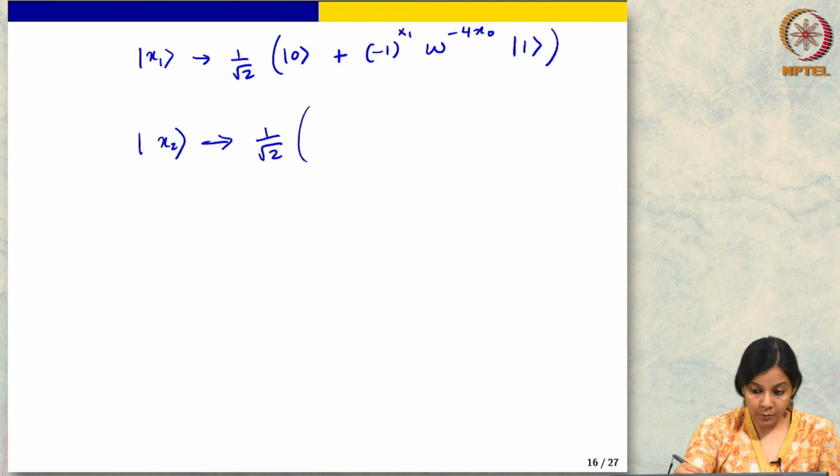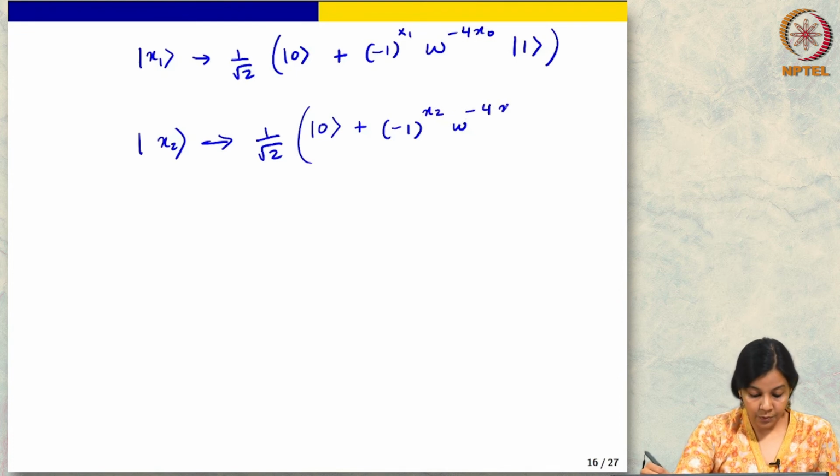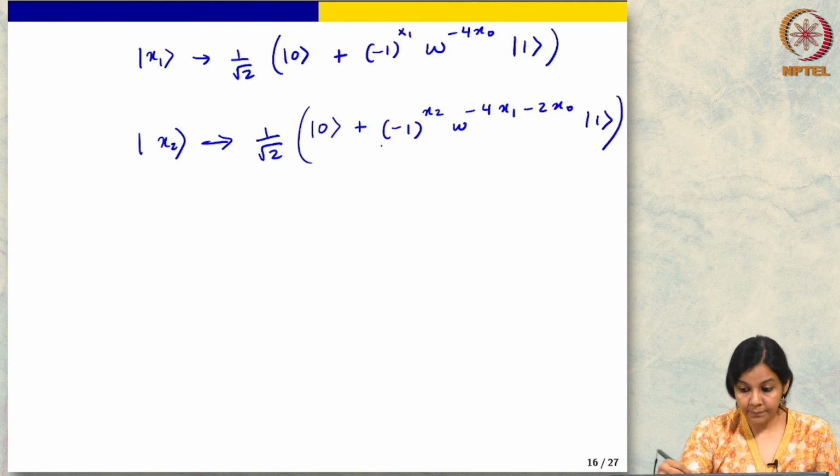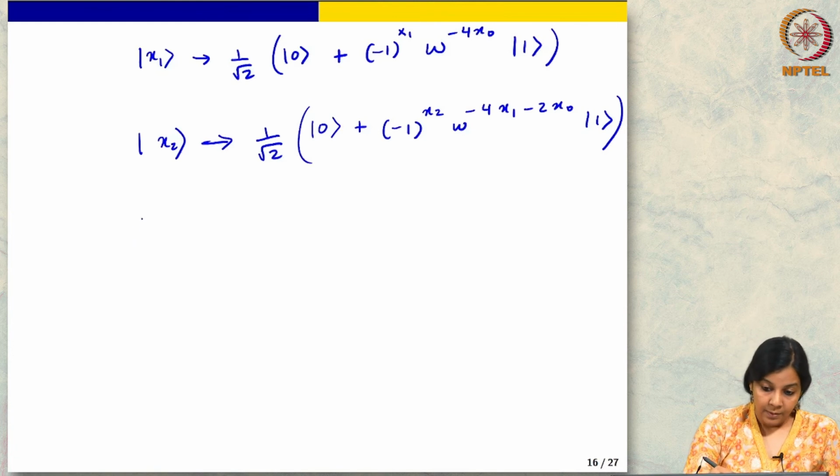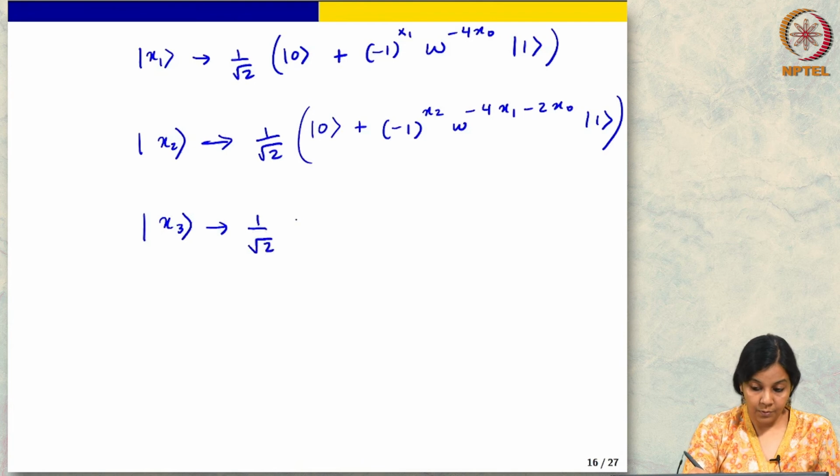So this is going to be 0 plus minus 1 to the x2 and then omega to the minus 4 x1 minus 2 x0 1. And x3 will go to, sorry, these should be minuses.